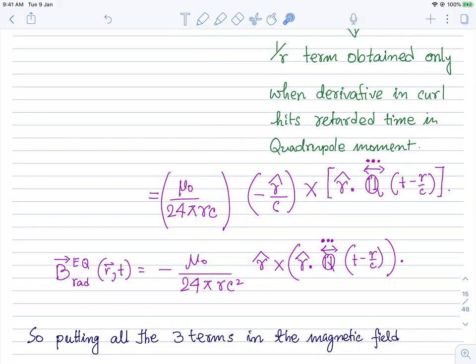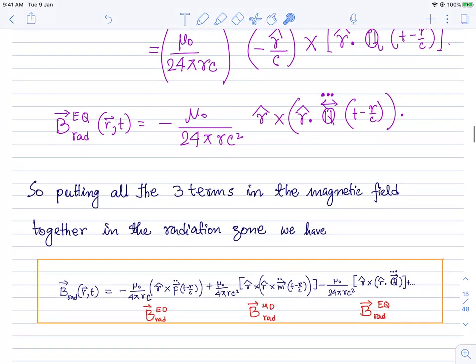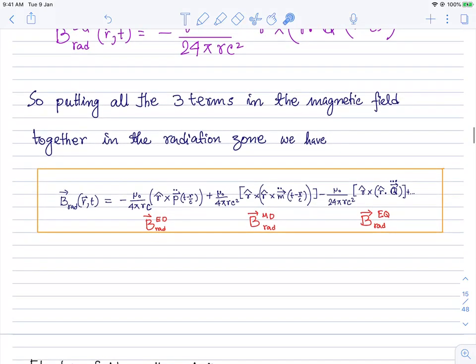Okay. So basically putting down all the radiation magnetic fields together for this arbitrary source, that means radiation fields meaning fields that go as 1 over r, if you now track, then there are 3 terms. One corresponding to the double derivative of the electric dipole, and the other corresponding to the double derivative of the magnetic dipole.